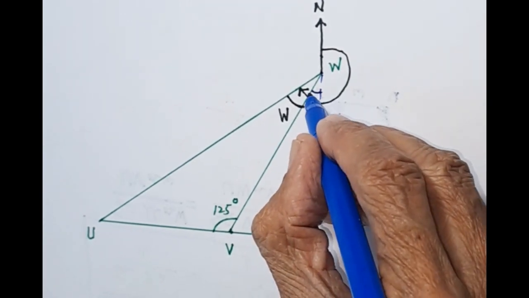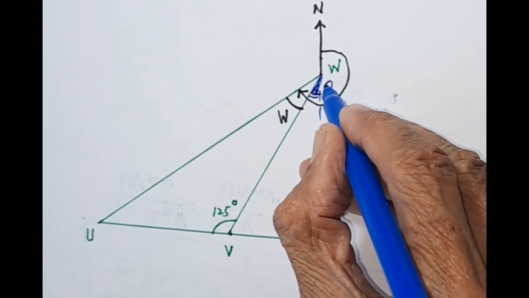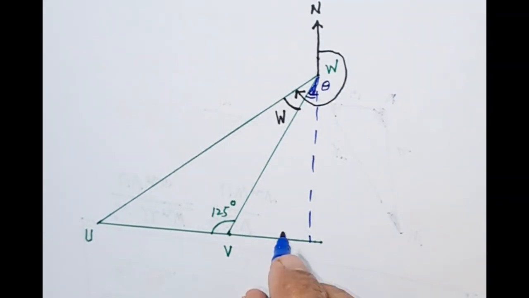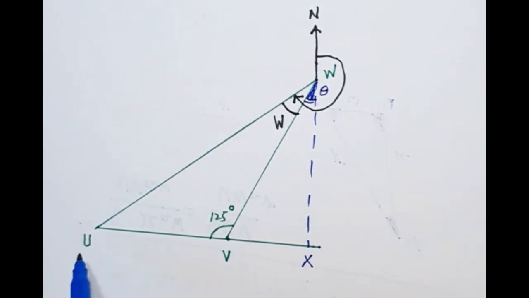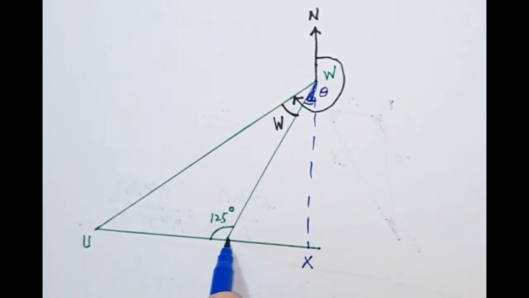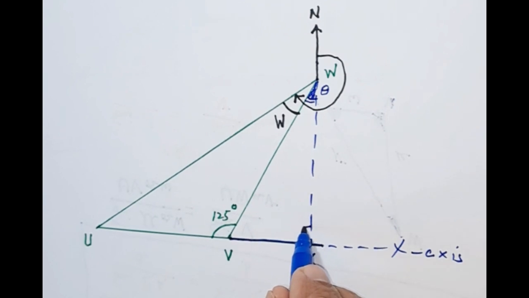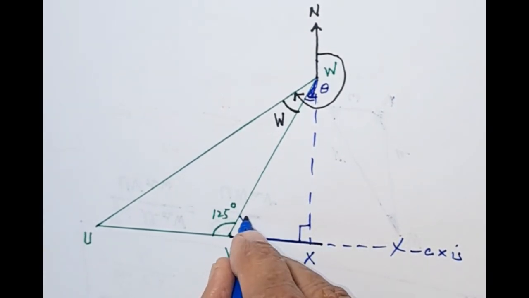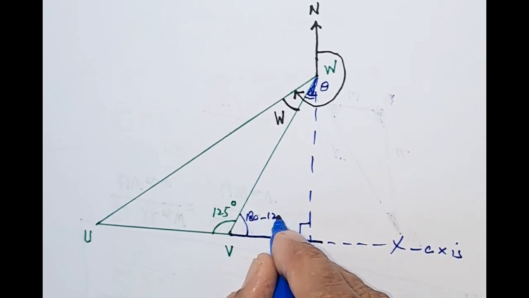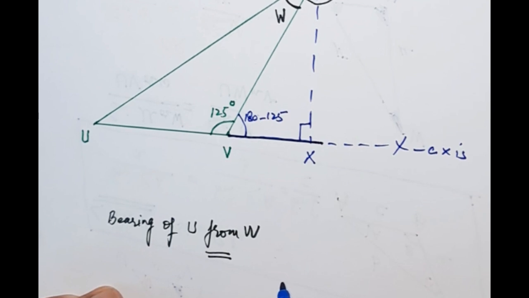Let's say this angle is theta, and I write down this point to be x. Since U is due west of V, this is the x-axis. So this will be a 90 degree angle, and this will be 180 minus 125, which will work out to be 55 degrees.